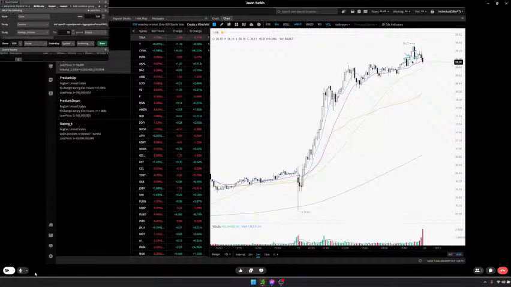Normally you don't get three moves up and then a single bar stops you out break even. Normally you get a bar, it goes down a little bit, it goes sideways, and if it breaks down, then you're stopped out, break even. But not in a single bar. That's nasty.